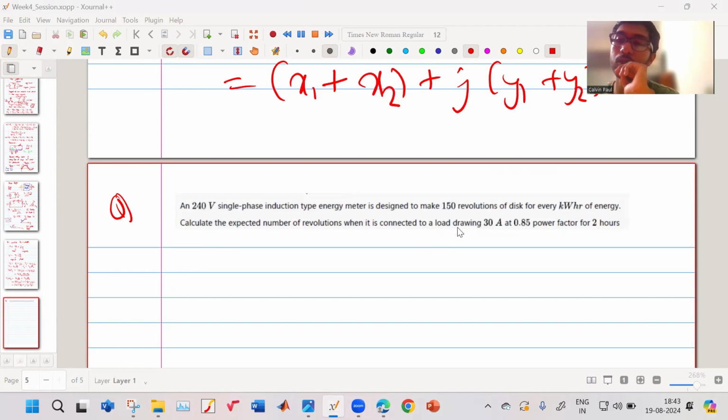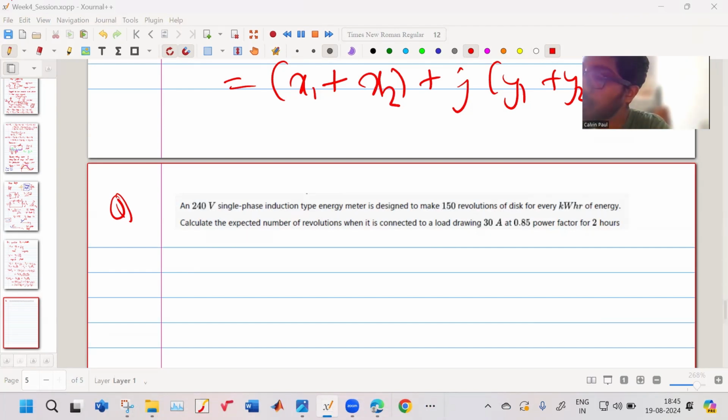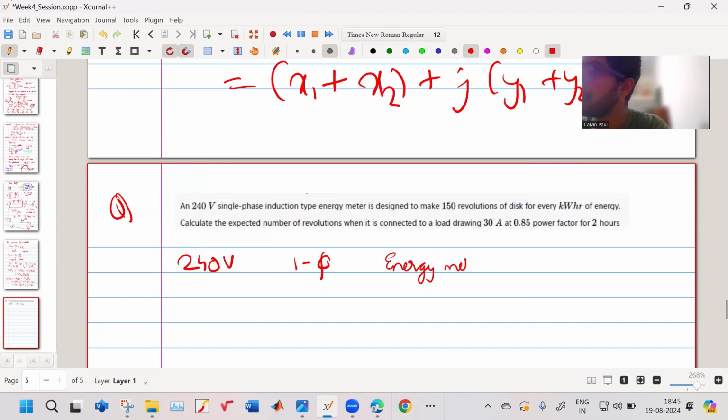So it is a 240 volt, single phase energy meter. It is designed to make 150 revolutions of disk for every kilowatt hour of energy.